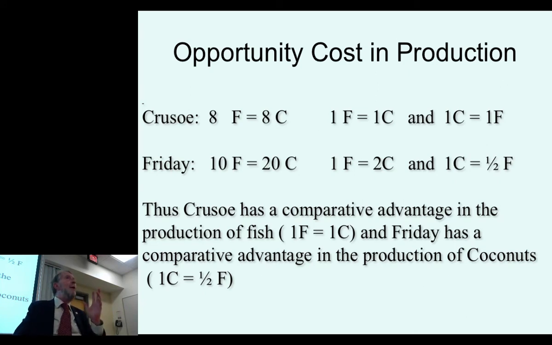Now this is very important because it turns out, as we try to think about comparative advantage, as long as they don't have the identical ratio, and our assumption is they don't, right? If Crusoe has a comparative advantage in fish, automatically Friday has a comparative advantage in coconuts. Y'all with me? It's just math, right? You're solving the same relationship in each case, trying to solve for one unit.